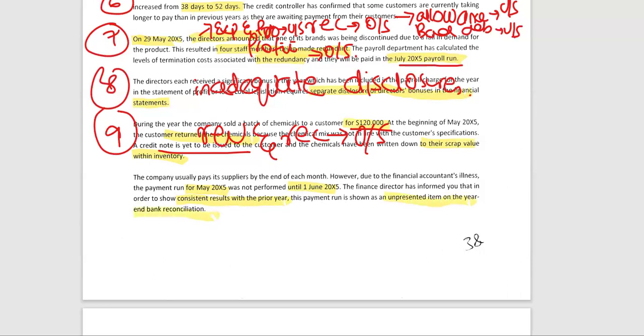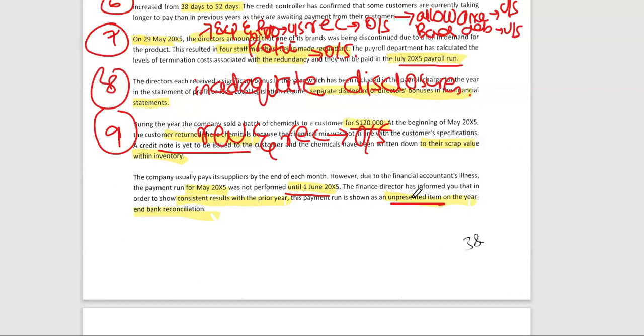So basically what has happened is that they have shown the payment to the supplier as made in the current year. However, they have not issued the payment until 1st June 20x5. So if they have not initiated the transaction, how can they recognize this payment in this year's bank reconciliation statement as an unpresented item?